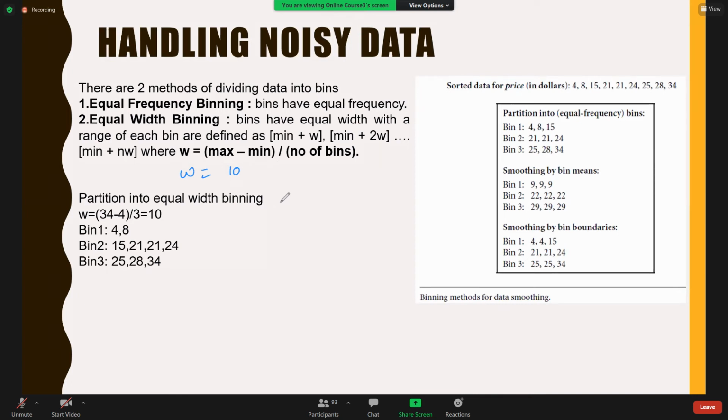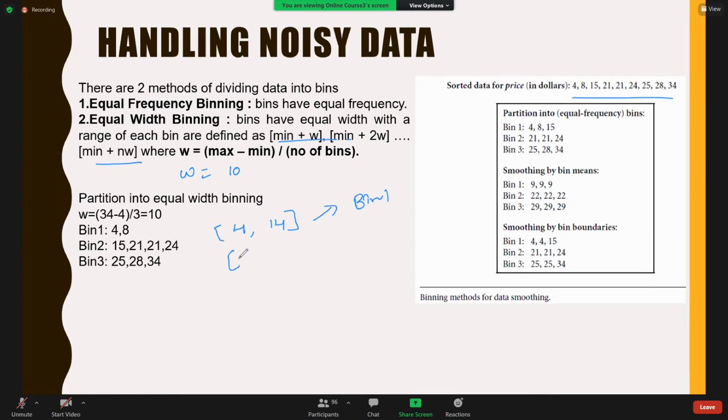And now we have to partition this data based on this width. Minimum is 4. So minimum plus W is 14. These are bin 1 boundaries. So all the data values from 4 to 14 will be in bin 1.